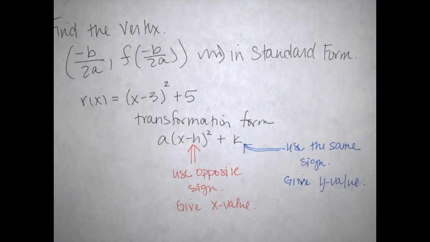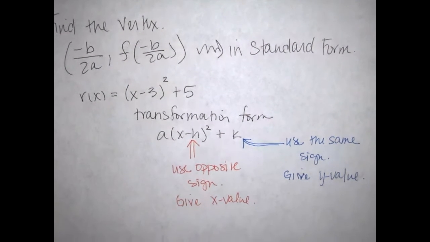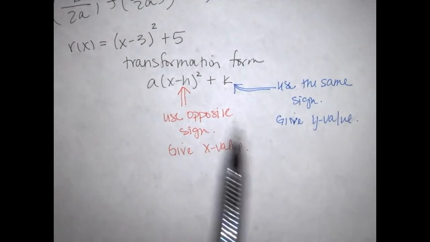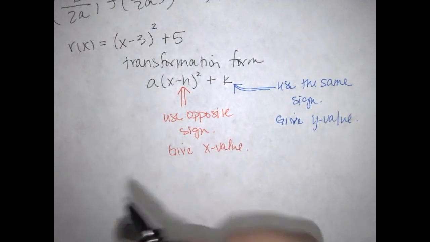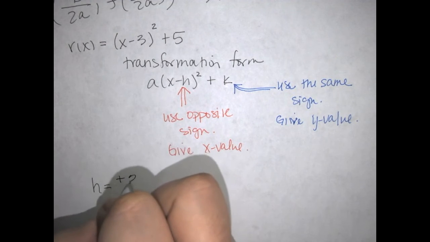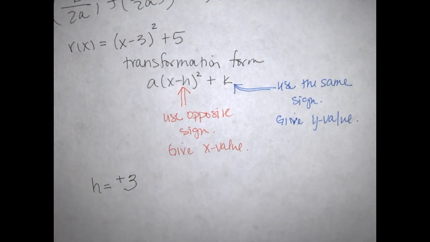So now if we go back to our example, we have x minus 3 squared plus 5. So the x minus 3, again, is going to give us that h value, and we're going to use the opposite sign. So my h in this case is going to be a positive 3.